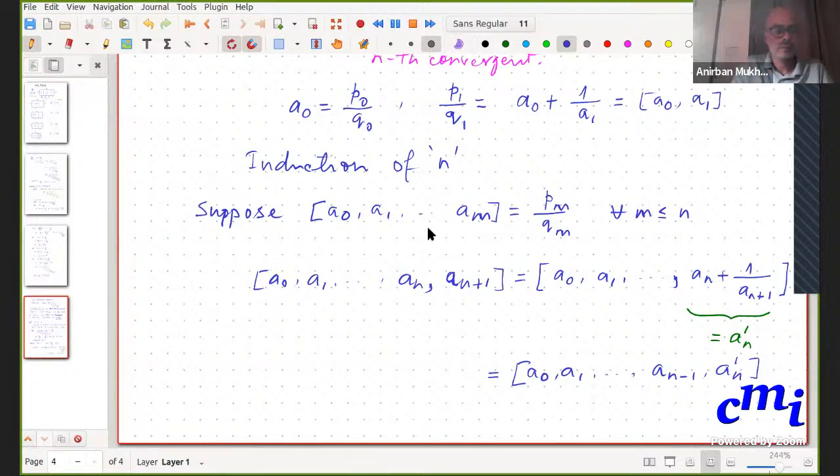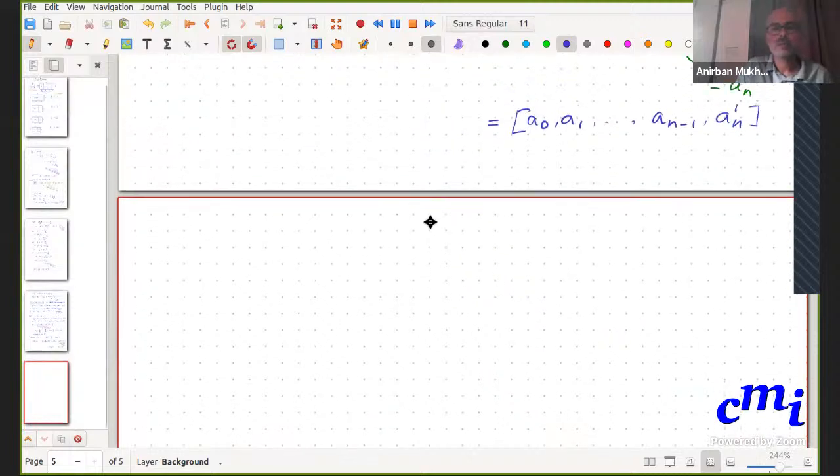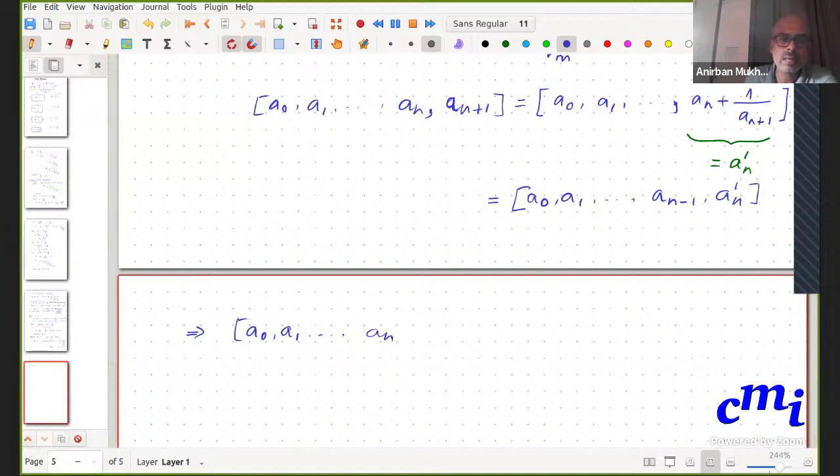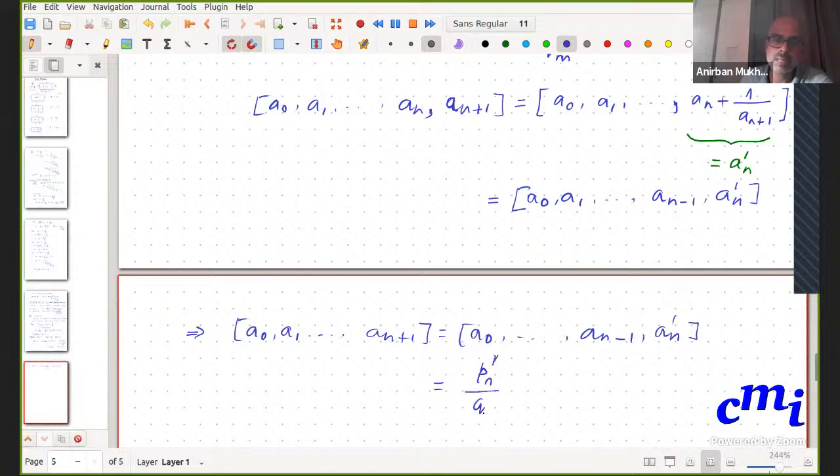And use that. Let me add a page. So let's start with that. a naught, a1 to a n plus 1 is a n minus 1, and the last one is the same but with a dash. So this is what we know as pn dash by qn dash.